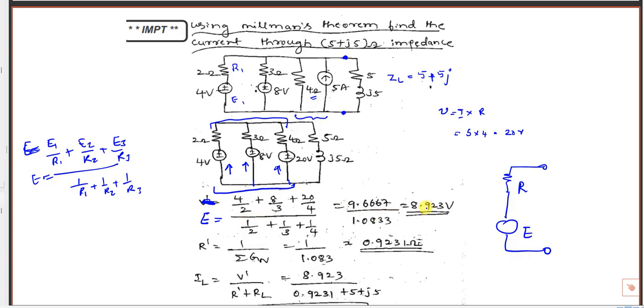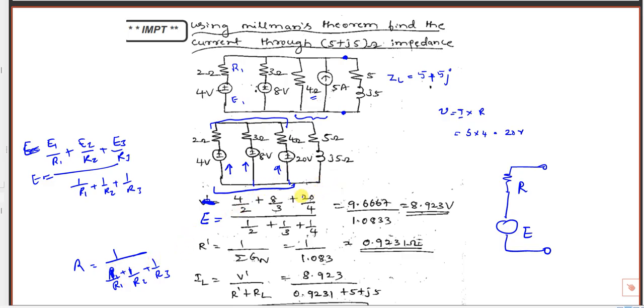Now if you calculate, you will get 8.923. And for the value of R, instead of R dash, I am writing R only. It is 1 by R1 plus 1 by R2 plus 1 by R3.